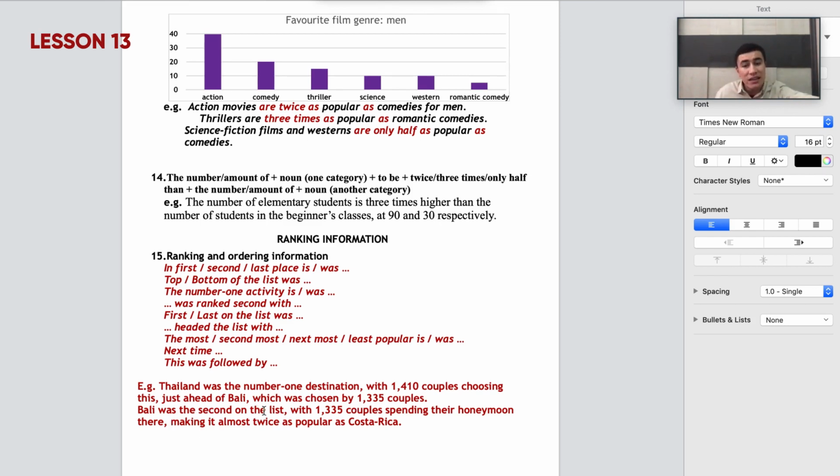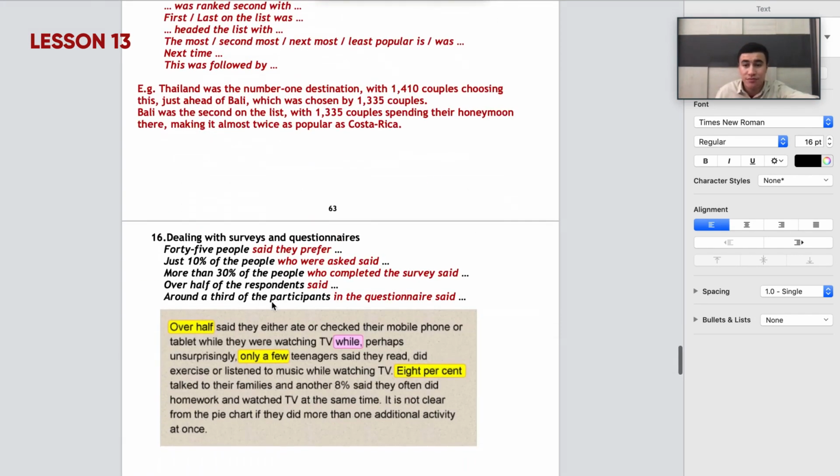Or Bali was second on the list with 1,335 couples spending their honeymoon there, making it almost twice as popular as Costa Rica. So again, you should practice and try to make up some sentences with these phrases and words. Remember, you reach proficiency with practice only.